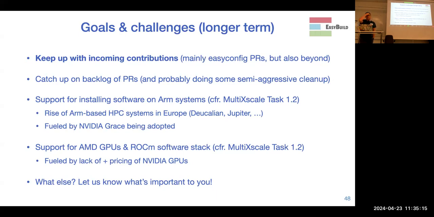AMD GPUs we'll have to get into in the coming months, at least in the scope of MultiXscale. I didn't mention RISC-V here yet, but that's one we're also actively looking into. Already, at least in the last couple of weeks, we've done some groundwork for that. So that's coming too. And yeah, things are going to get more diverse, and we'll have to figure out a way to keep up with that and do the necessary development work to make that supported.